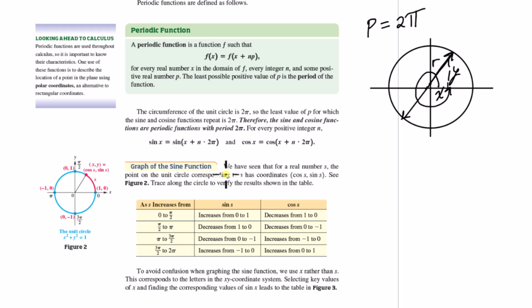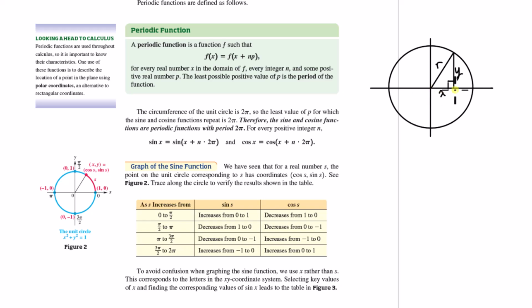We have seen that for a real number s, the point on the unit circle corresponds to sine and cosine, but we're tracking the y coordinate when it comes to sine on the unit circle. So there's r, x, y. Let's say this is the unit circle.